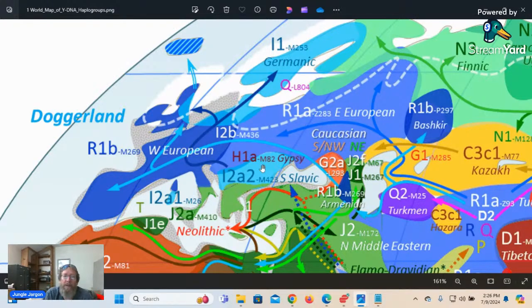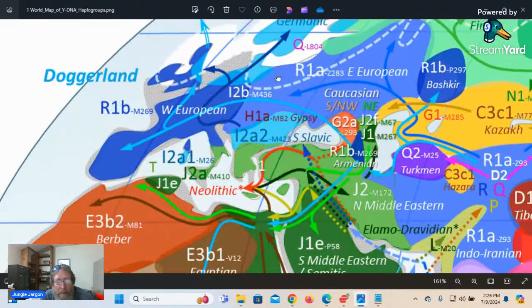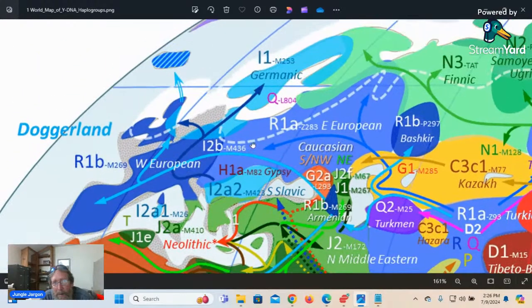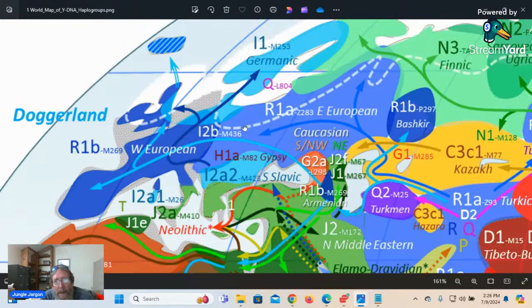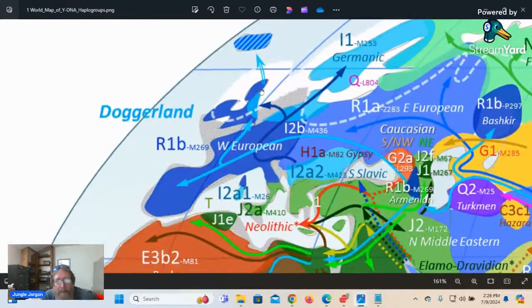So I couldn't really accept that all of I was all Dan. Because there's another tribe that went into Europe as well as the tribe of Dan, and that's the tribe of Asher. So I have I2 designated as the descendants of Asher, and I1 the descendants of Dan. And of course, that's me up here, I1 M253, which came from Scotland.